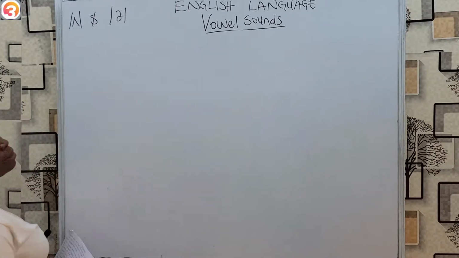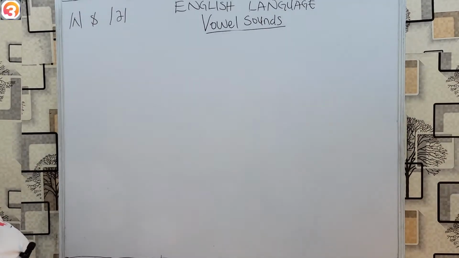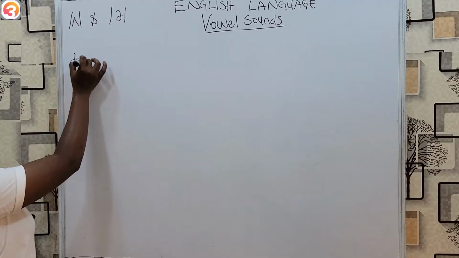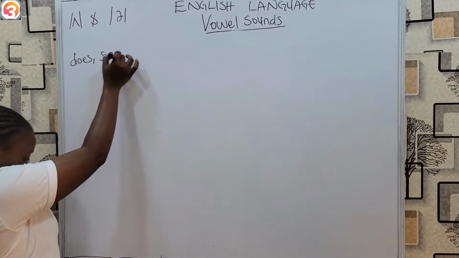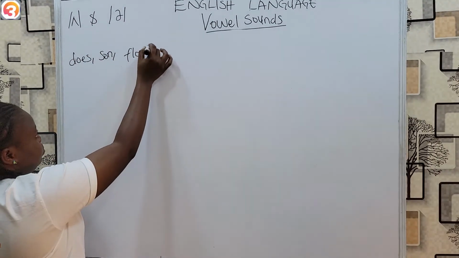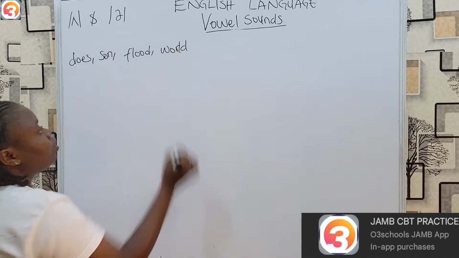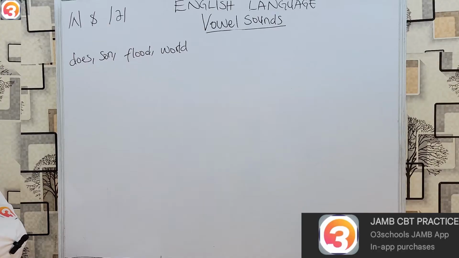If we have words mixed up and we want to pick the one that doesn't belong, for example, we have this. So let's pronounce and see which word doesn't belong in this group.